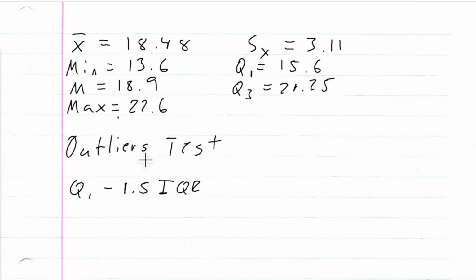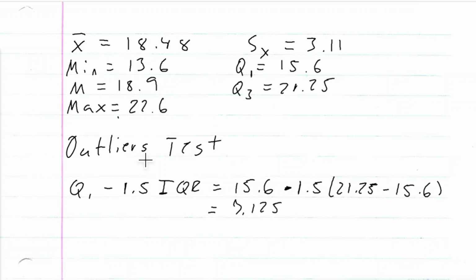Quartile 1 was 15.6 minus 1.5 times the IQR, which is quartile 3 minus quartile 1, so 21.25 minus 15.6. And this turns out to be 7.125, which is actually less than the minimum of the data. So at least that means there are no outliers to the left of the data.